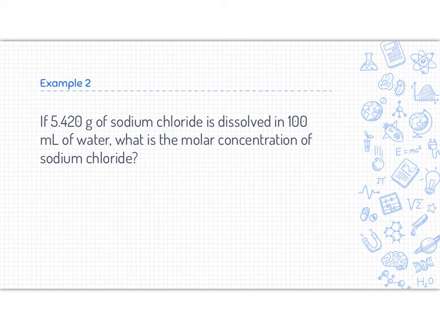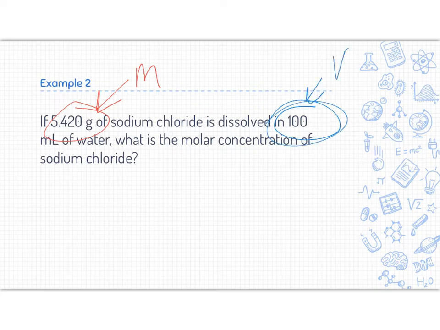The second example, if 5.420 grams of sodium chloride is dissolved in 100 milliliters of water, what is the molar concentration of sodium chloride? So in this case, I was given a mass, and I have dissolved it in 100 milliliters of water. Now this is our volume of solution.